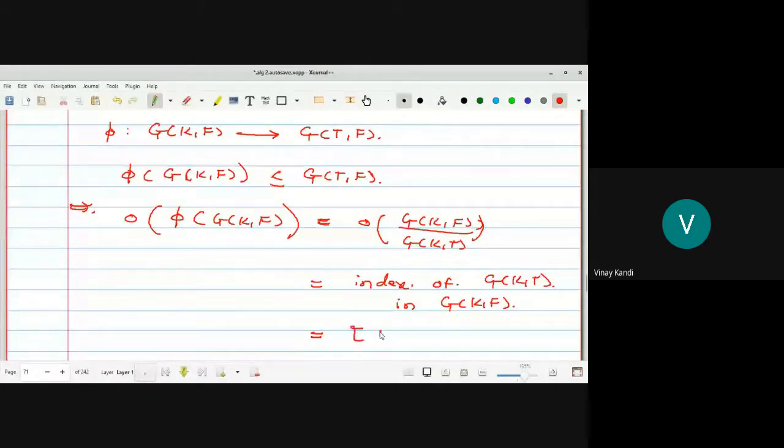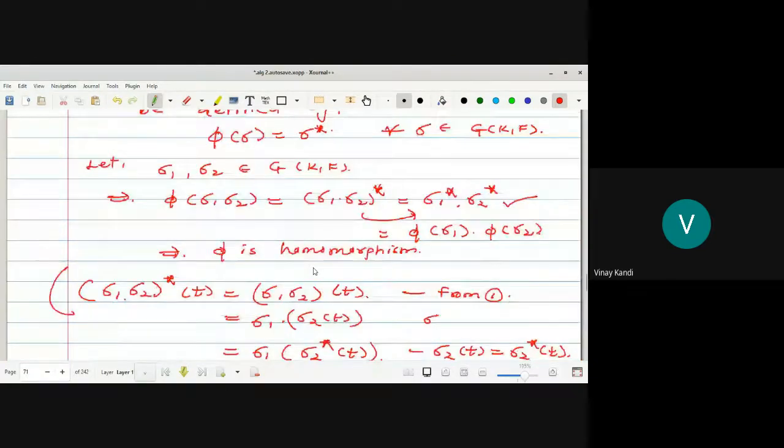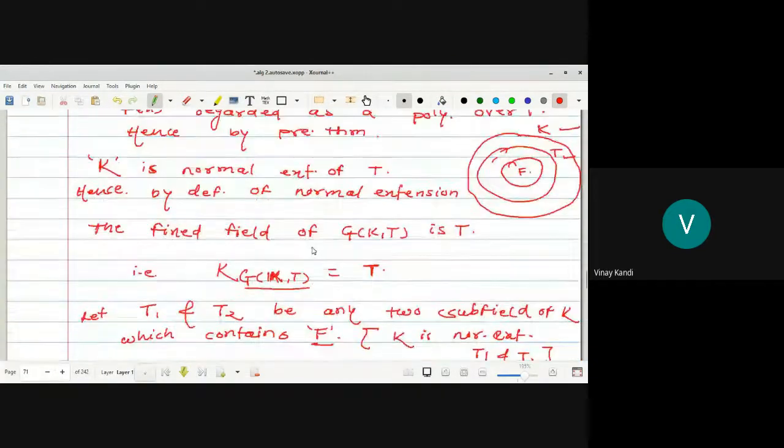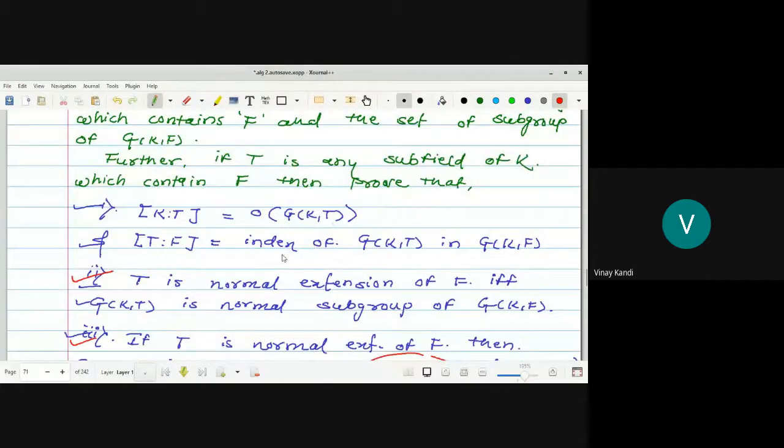In step number two, we proved this one. Order of GKT, first statement: index of GKT in GKF is the dimension of T over F. We proved this one.